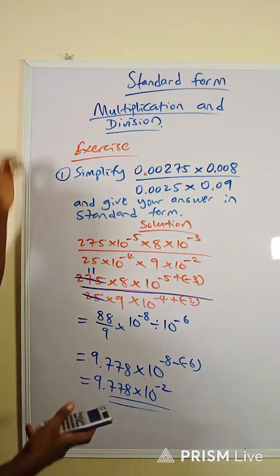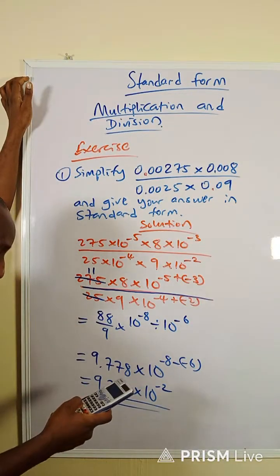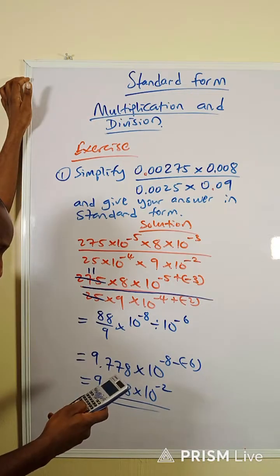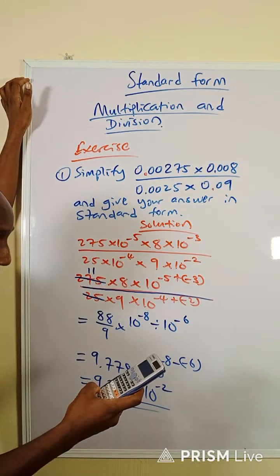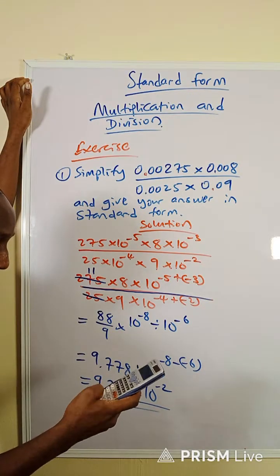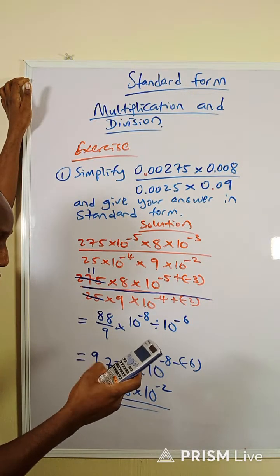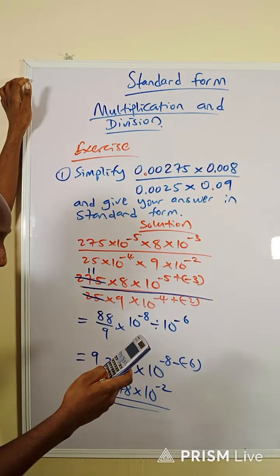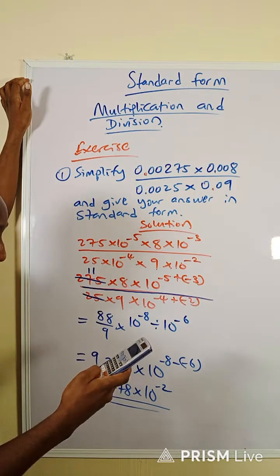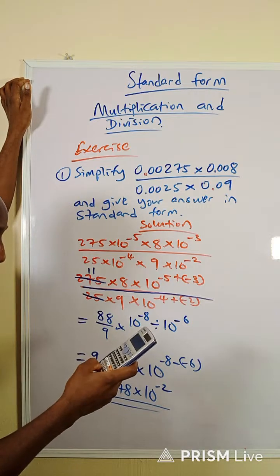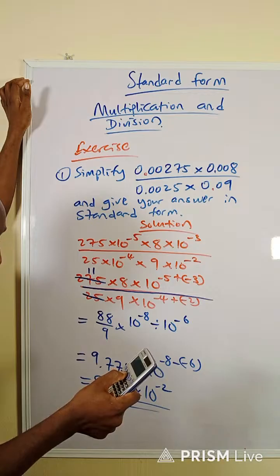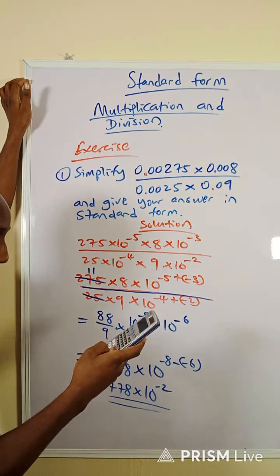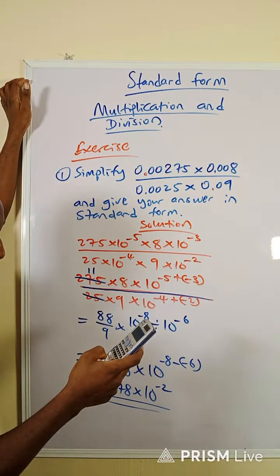But let's just quickly confirm the answer. So this is 88 divided by 9. Okay, that one is right. Let me see if I can confirm the answer with this calculator. 275 times 0.008, divided by 0.025, okay, let me do something, brackets, times 0.09.